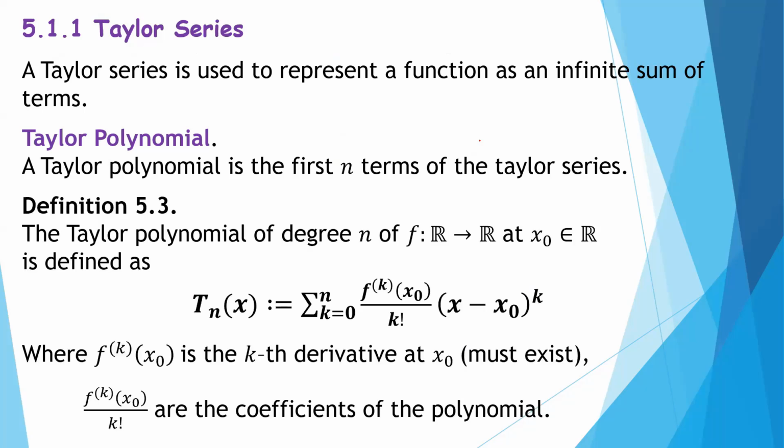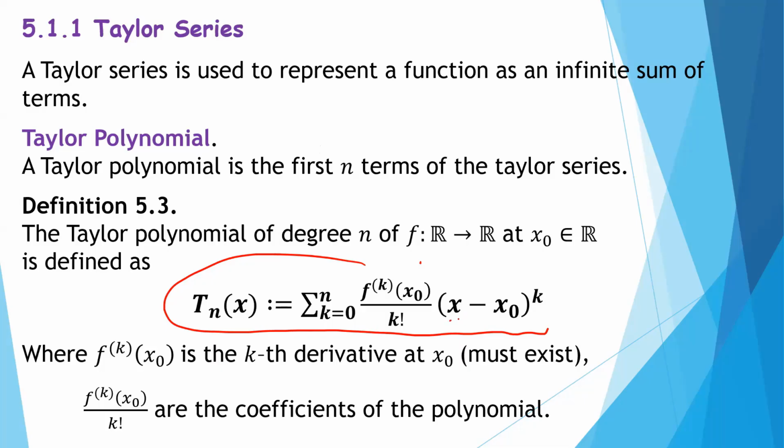Okay, so it's a polynomial. This is the formula for the Taylor polynomial. This is the definition: a sum for k from 0 to n of the kth derivative of f at x0, divided by factorial k, times (x minus x0) to the power k.